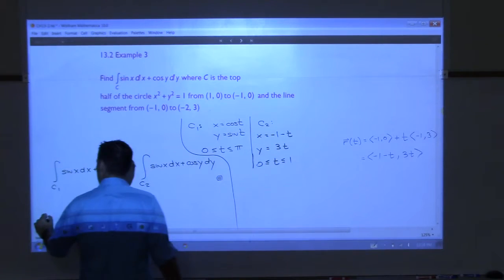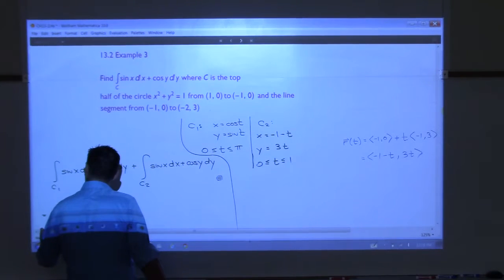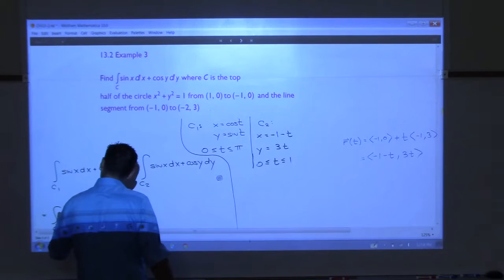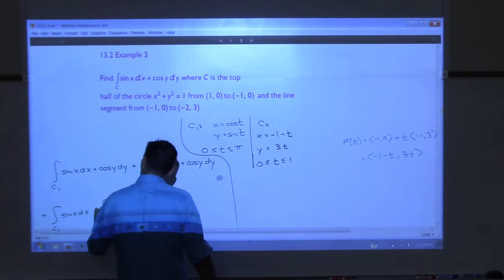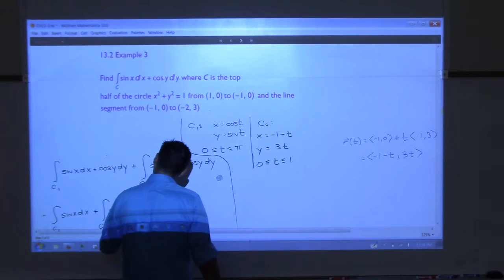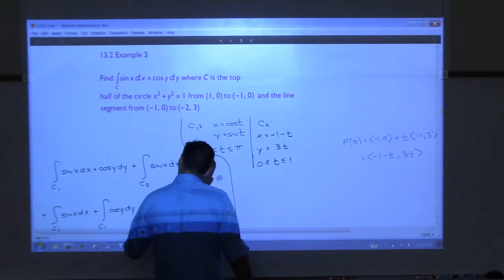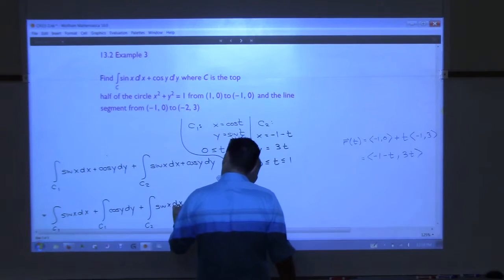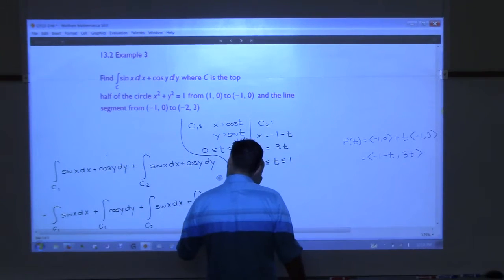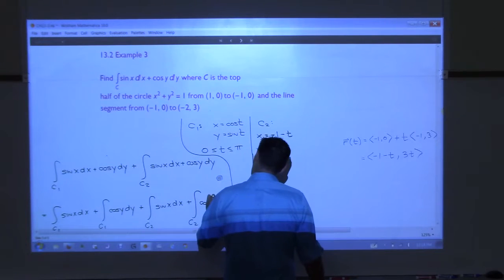So this actually becomes line integral over C1 of sine x dx plus line integral over C1 of cosine y dy, and then plus line integral over C2 of sine x dx plus line integral over C2 of cosine y dy.